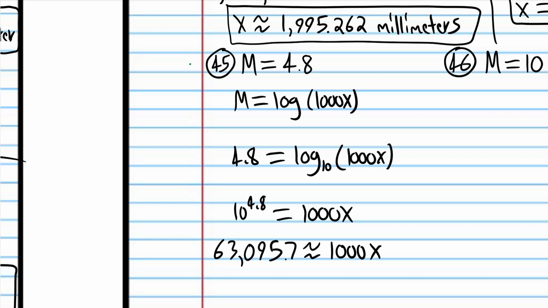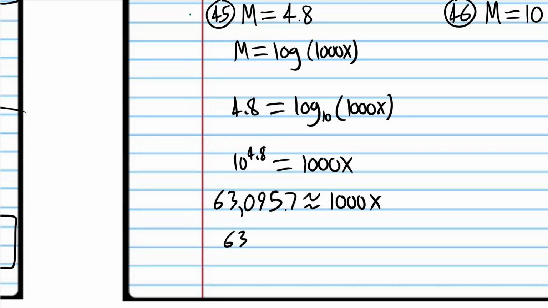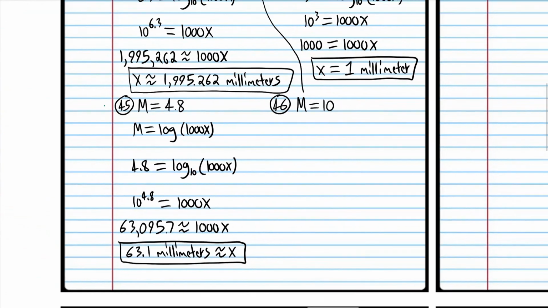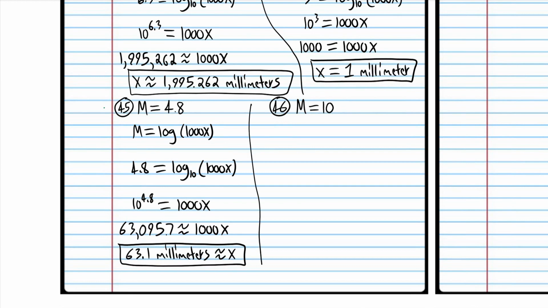Divide both sides by 1,000, and we get 63.0, and maybe I'll just round off to 63.1 millimeters. Be sure to write your units. That's the approximate size of the disturbance on the seismometer. If you got that one right, excellent.